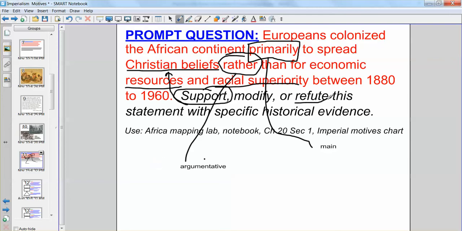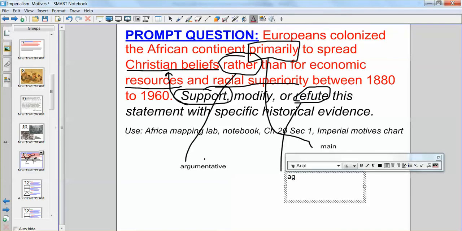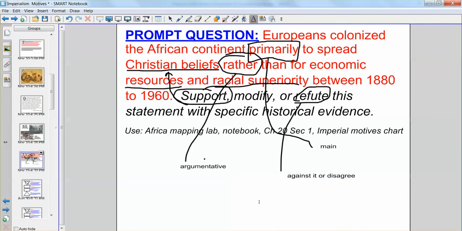If I get the refute part, another word for refute is that you're against it or you disagree with that statement. And so in that case, you would probably be arguing the resource part or the racial superiority as being a better reason why Europeans came over to colonize Africa.